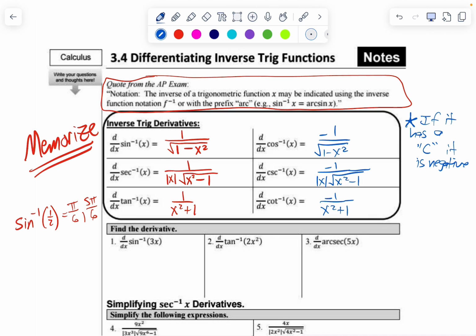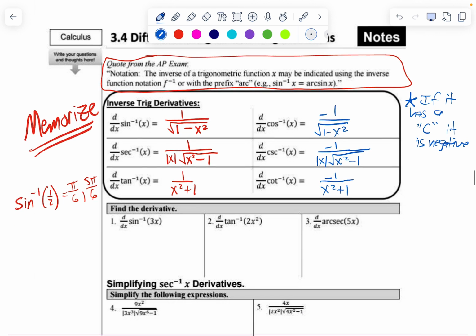Remember complementary angles? 30, 60, 90. So 30 and 60 are complementary. They add up to that third. So like cosine is the complement of sine, basically. Cotangent, complementary tangent. Okay. Are we good on that?